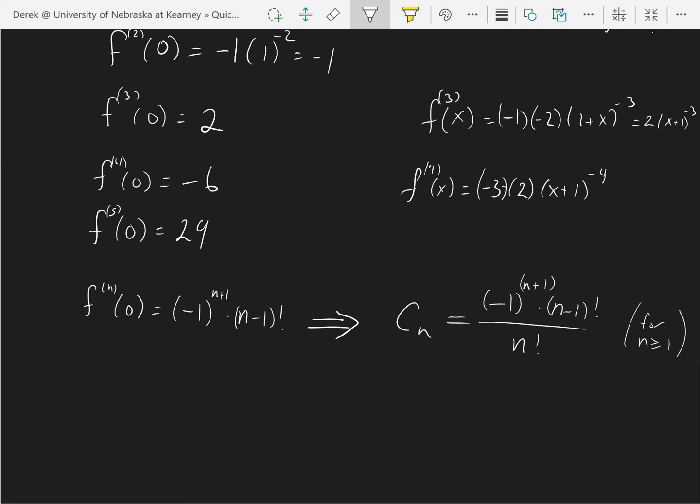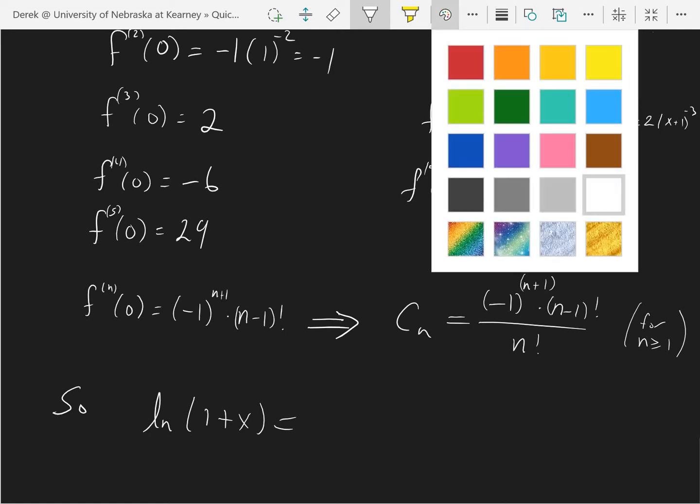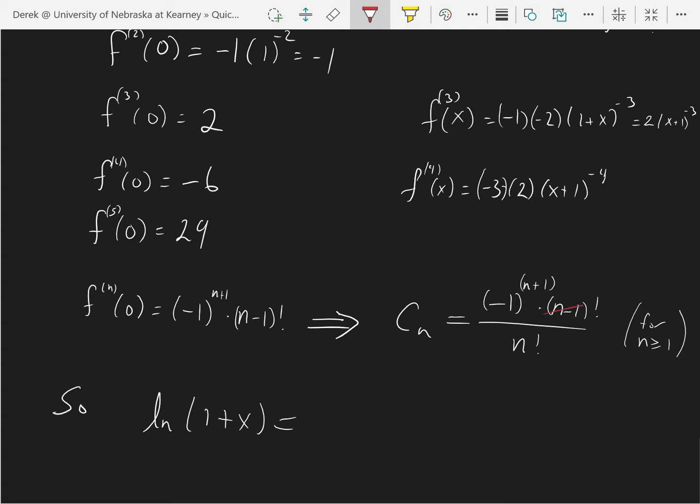Okay, so natural log of 1 plus x should equal, well, n minus 1 factorial on top is going to get rid of that factorial there. I'm going to have the sum from n equals 1 to infinity.